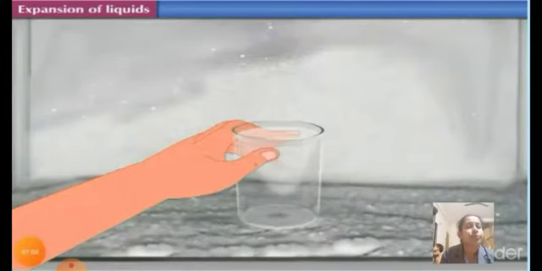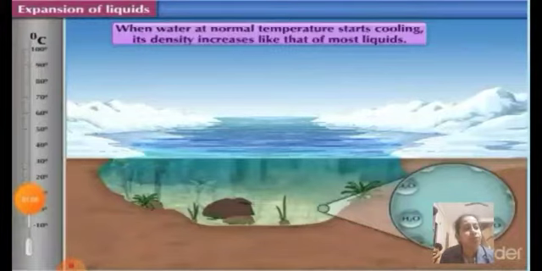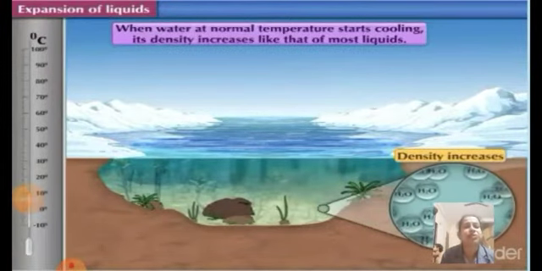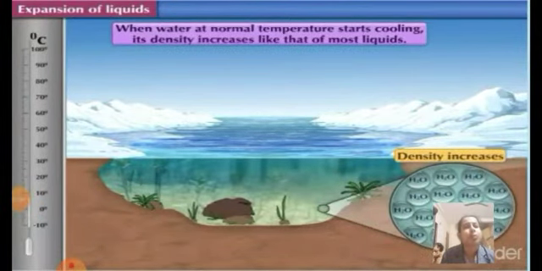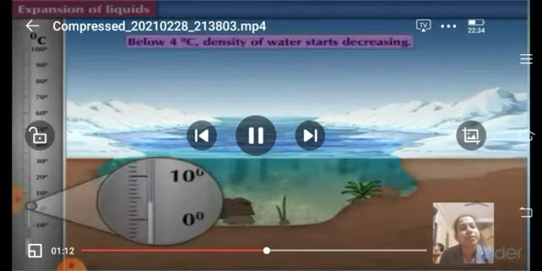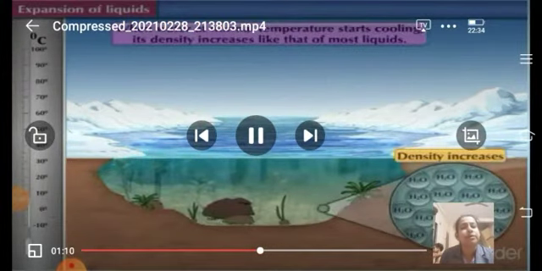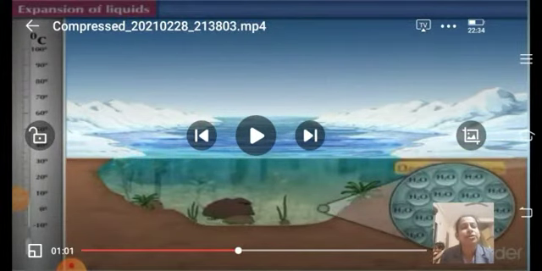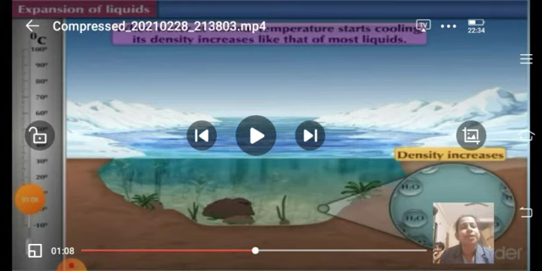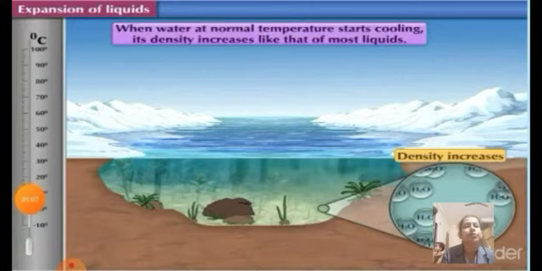Now you know that any object or any substance expands on heating, whereas water at normal temperature shows a different behavior. Okay, so when water at normal temperature starts cooling, its density increases.